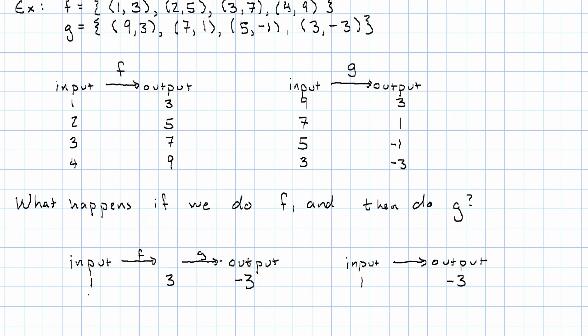Similarly, if we start with 2, f takes that to 5, which g then takes to -1. Our new thing takes 2 to -1. f takes 3 to 7, and g then takes 7 to 1.